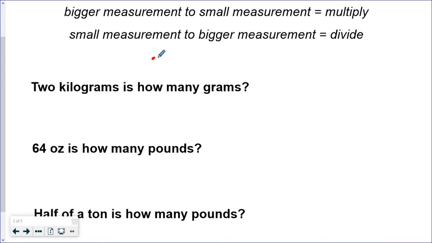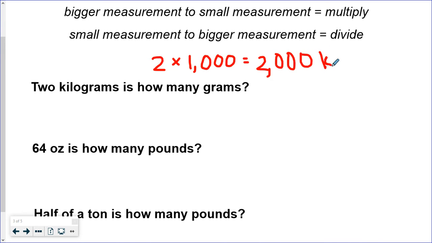So I'm going to start with my 2, and I'm going to multiply by 1,000, because there are 1,000 grams in a kilogram. If I multiply those two numbers together, the final answer is 2,000 grams, and I want to make sure to label that with the g, grams.